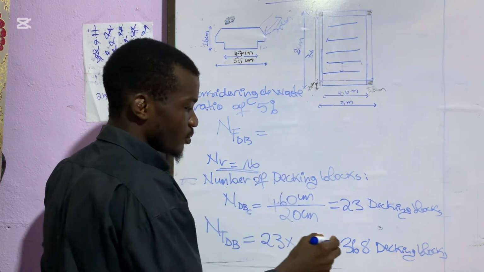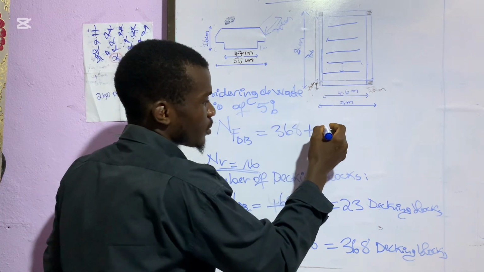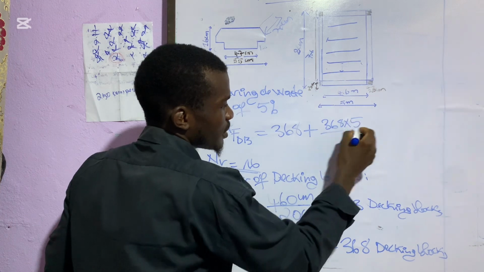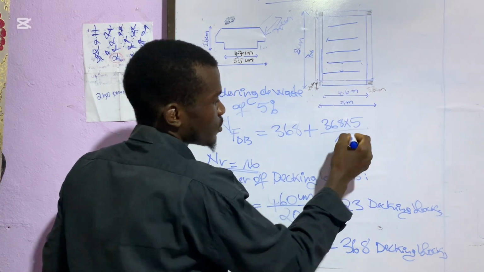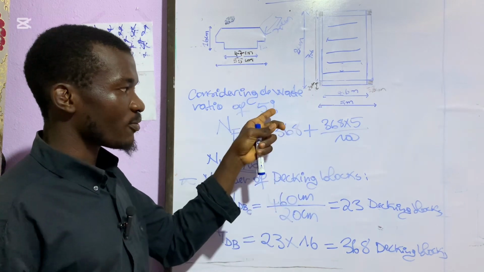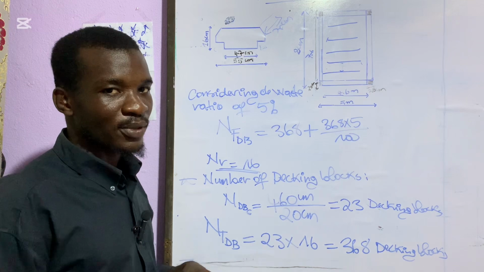The final number of decking block will be: you take our 368 plus 368 times 5 divided by 100. So what are you doing by adding here? You are just adding the 5% waste ratio to the total number of decking block that you obtained. I hope it's going well.